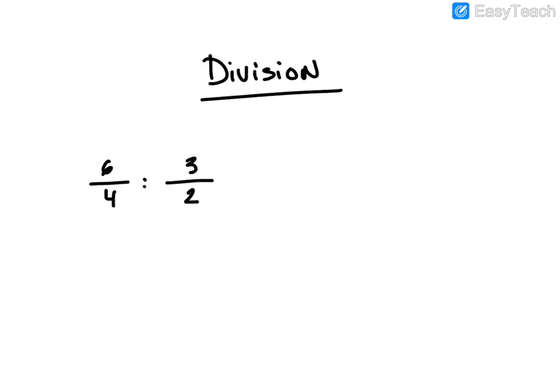And with the division, we do more or less the same, but we multiply crossing the numbers. So 6 times 2 is 12. So I'm writing on the top. And 4 times 3 is 12. When we've got the same number, the result is 1.